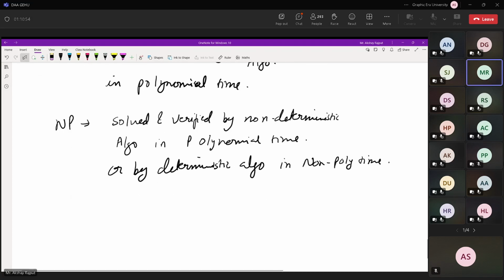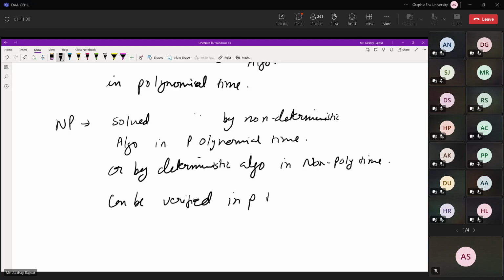Right. So basically verification can be done in P time. So we can verify it in P time. Don't worry about it. I'll tell you what is deterministic and what is non-deterministic.